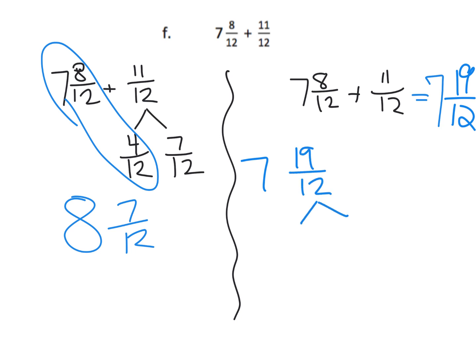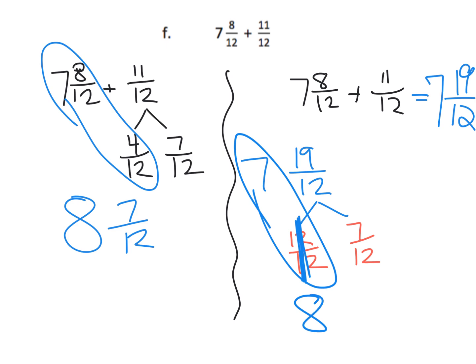And then, because 19/12 is greater than 1, we can decompose that to 12/12 plus 7/12. And that's how we decompose 19 to 12 and 7. And of course we see that this is one whole, so that gives us 8 plus the extra 7/12. So we got a couple of different ways to solve this problem. And of course there are others.